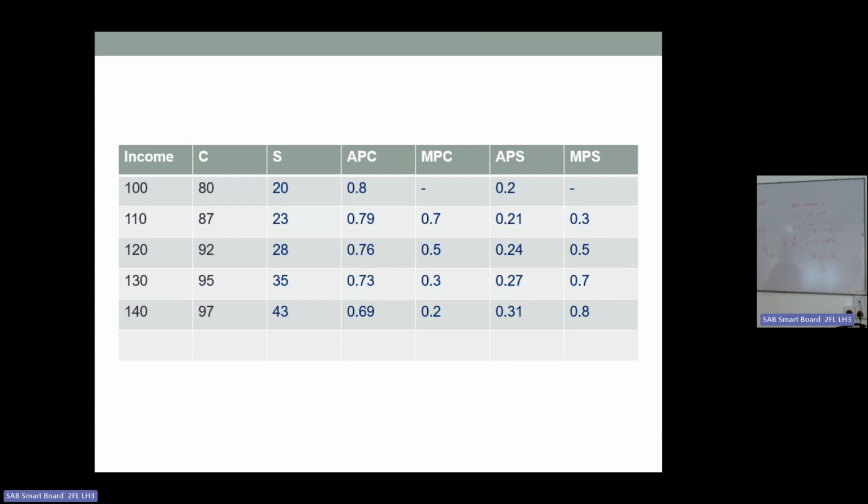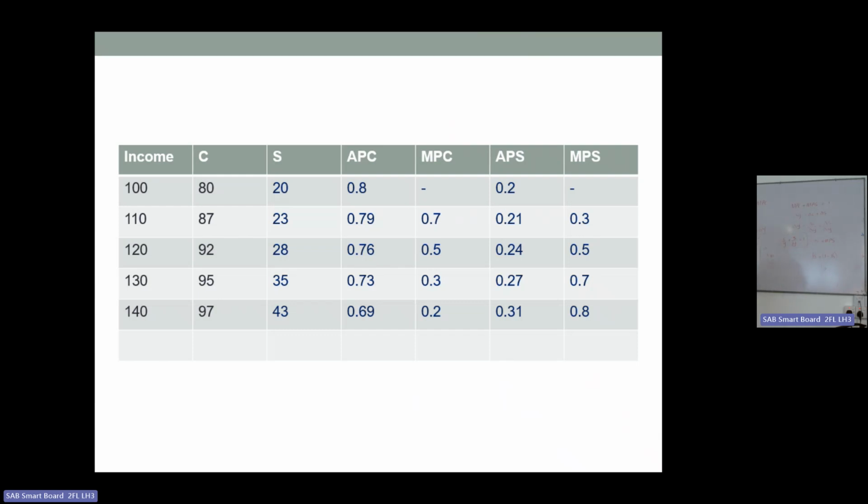Now the behavior when income increases: consumption also increases, savings also increase, but normally consumption increases at a decreasing rate. That's why you see MPC gradually decrease and MPS increase as the income level increases.